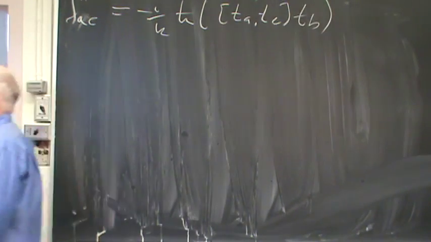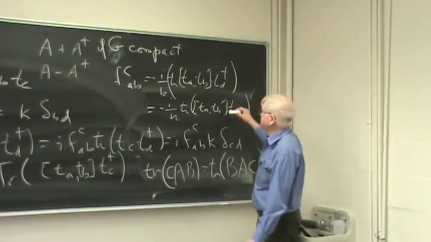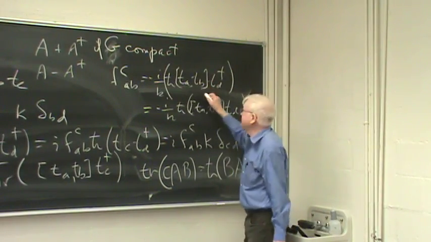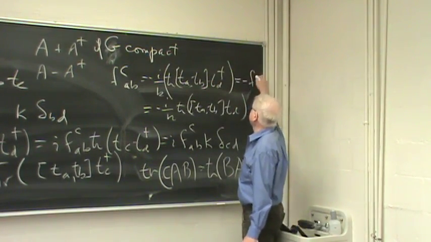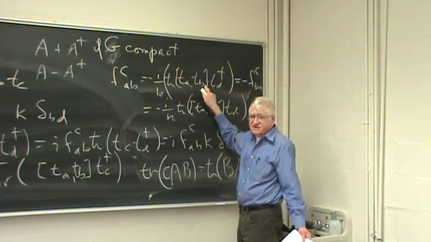Let me just emphasize once again, this is the general case. Notice it's got to be antisymmetric in the lower indices. So this is always minus F_CBA, just because the commutator is intrinsically antisymmetric.